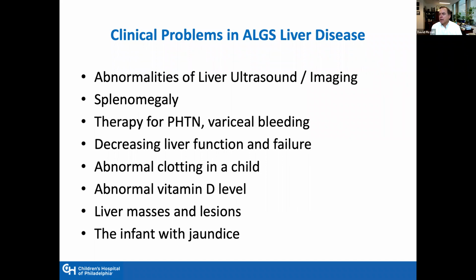If you have a finding of splenomegaly in an adult with theoretically no liver disease, there are 10 different things that cause splenomegaly, 10 different processes. But if you have an enlarged spleen and you don't have mono, you should have it looked at and watched.